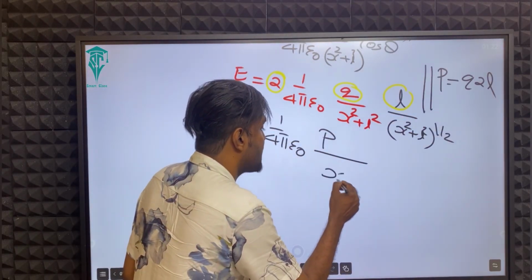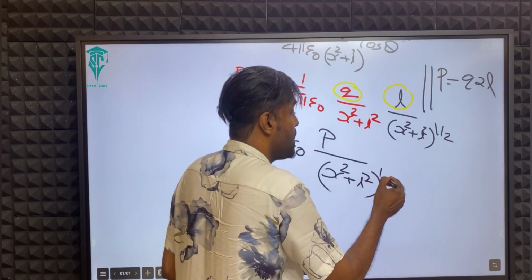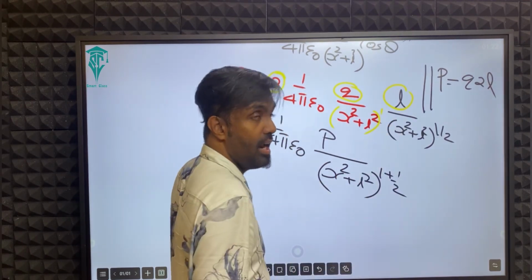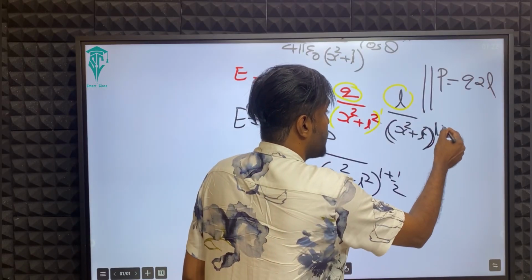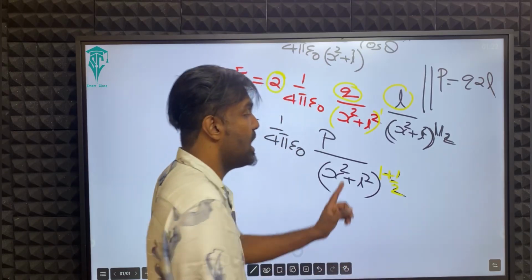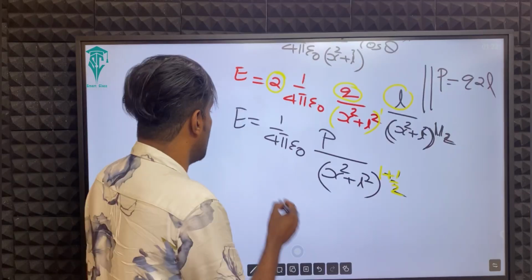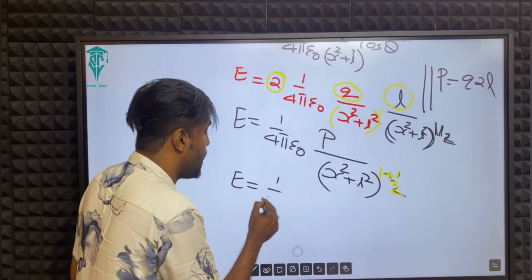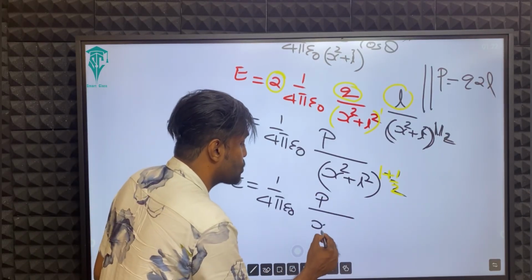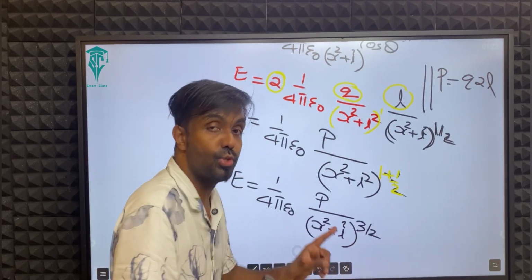That will be x square plus L square the whole raised to 1 plus 1 by 2. Don't get confused here: it is raised to 1, and here we already have raised to 1 by 2, so please add the powers. For the next step, E is equal to 1 by 4 pi epsilon 0 P divided by x square plus L square the whole raised to 3 by 2.